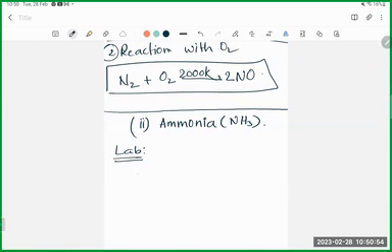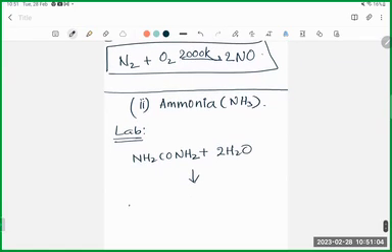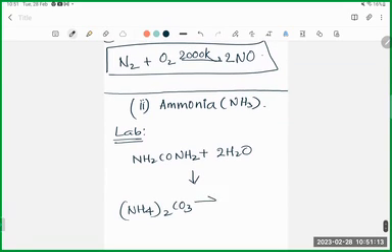So when we take urea, suppose NH2CONH2, this is the first artificially made organic compound actually. When this is hydrolyzed, because decomposition is taking place, it gives ammonium carbonate, and then ammonium carbonate goes for decomposition and gives ammonia plus water plus carbon dioxide.